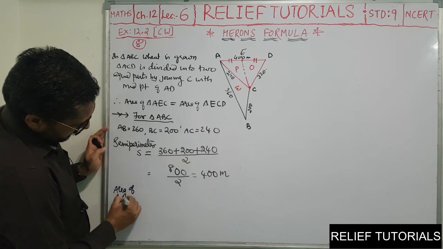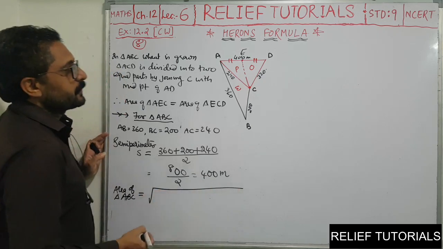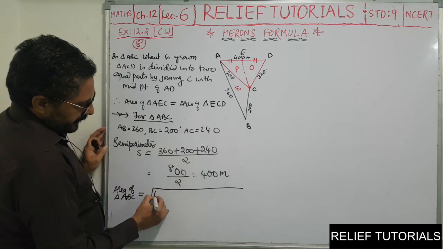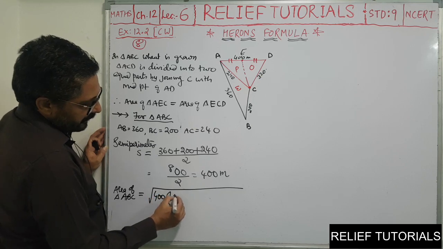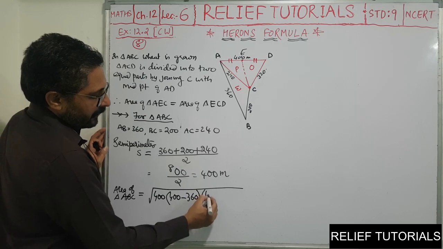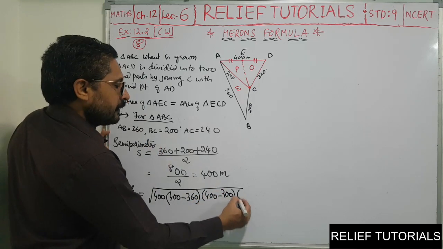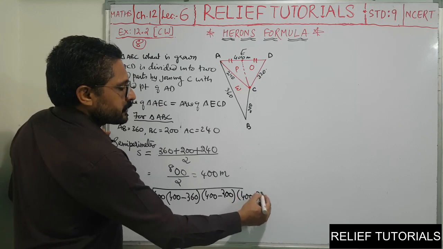Area of triangle ABC is under root of S(S minus A)(S minus B)(S minus C). S is 400. 400 minus A, that is 360. 400 minus B, that is 200. 400 minus C, that is 240.